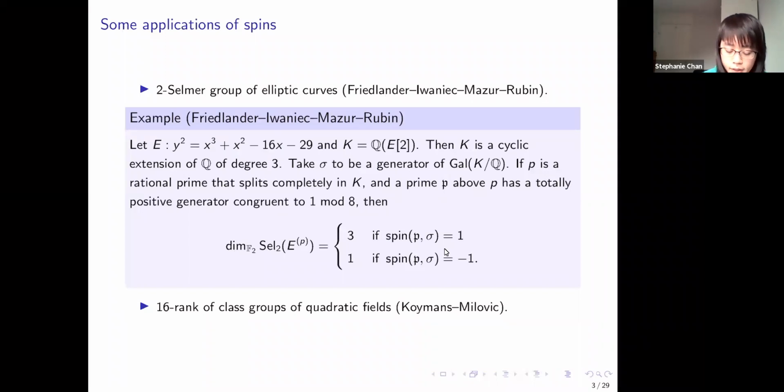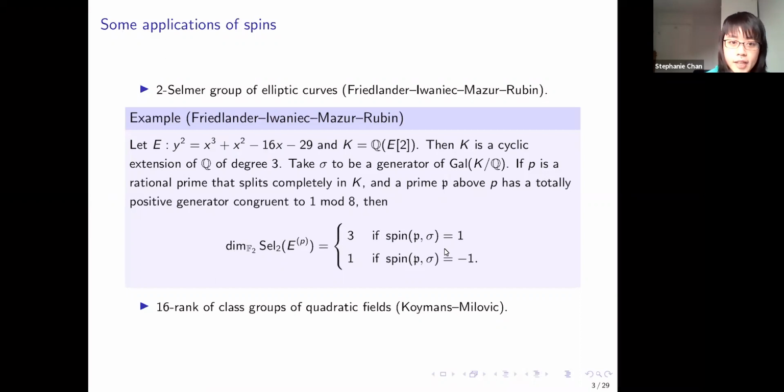Here sigma is a fixed generator of the Galois group of K over Q. So there are applications of spins to the two-Selmer group of elliptic curves.